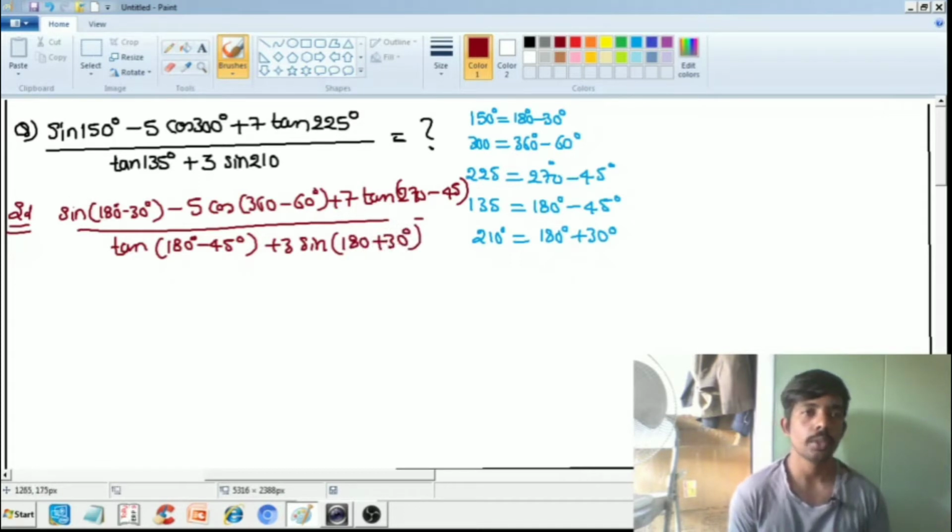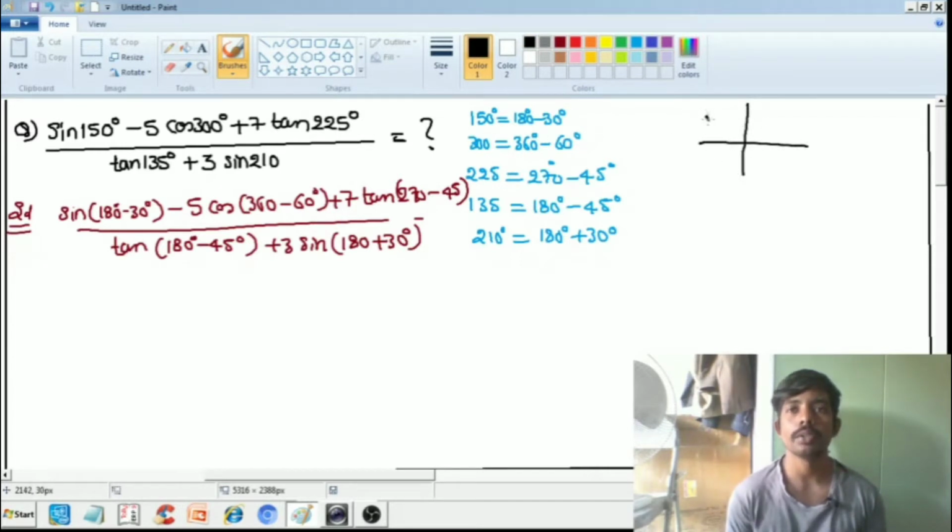Here in this 180 minus theta, let me explain this first quadrant. Here 180 minus theta comes into the second quadrant.